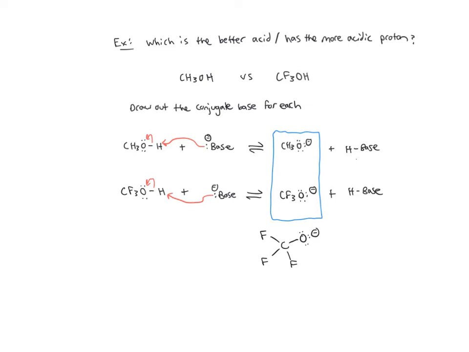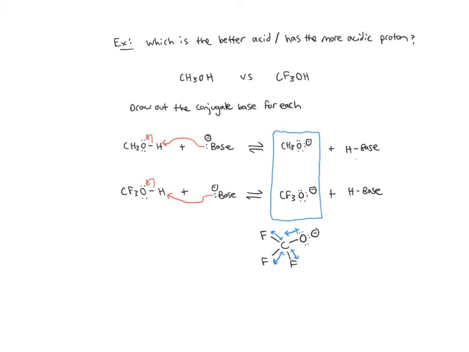What's going to be going on with those fluorine atoms? They're each going to be pulling from the carbon, making the carbon pretty electron deficient because it has 3 very electronegative atoms, the most electronegative atom on the periodic table in fact, pulling the electrons towards them. That carbon then is going to pull on that negative charge. So effectively, that negative charge is spread out through the sigma bonds all the way to the fluorines. It's also delocalized in that type of way, not in the same way as resonance, but through the action of pulling by these electronegative atoms, we're able to stabilize that charge.